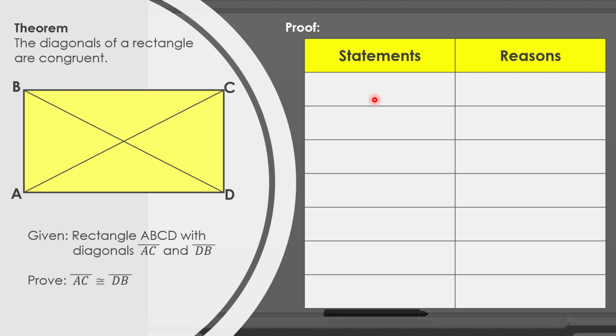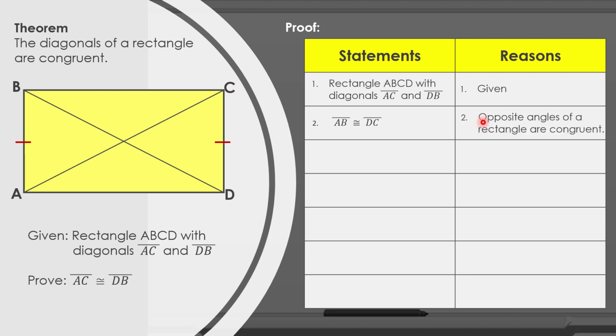So for our statement, let us start first with rectangle ABCD with diagonals AC and DB. For our reason, of course, it came from our given. Next, since we know that this one is a rectangle, then we can say that side AB is congruent to side DC, for the opposite sides of a rectangle are congruent.